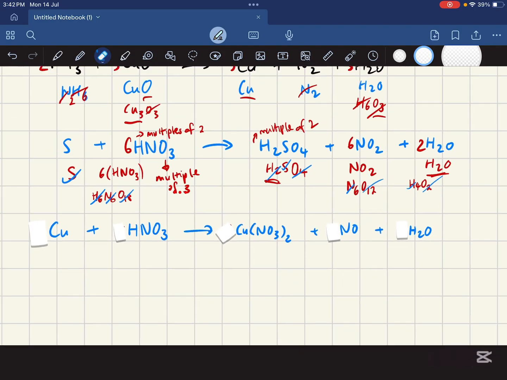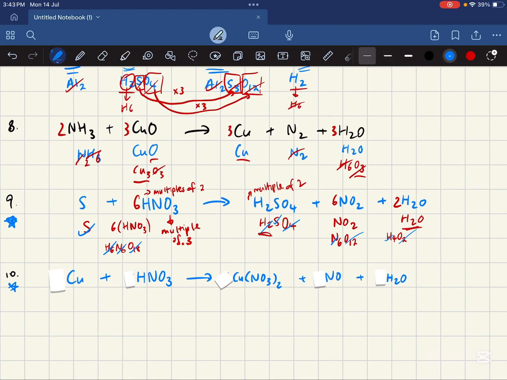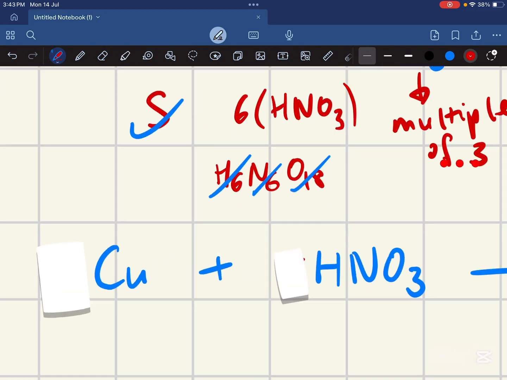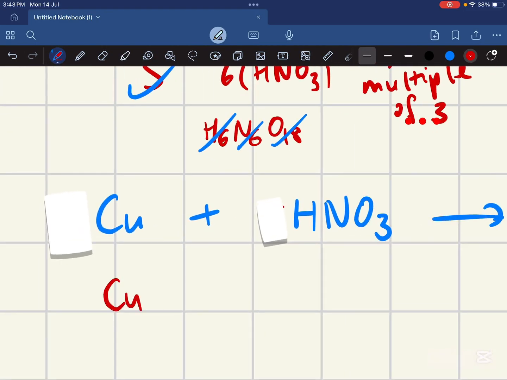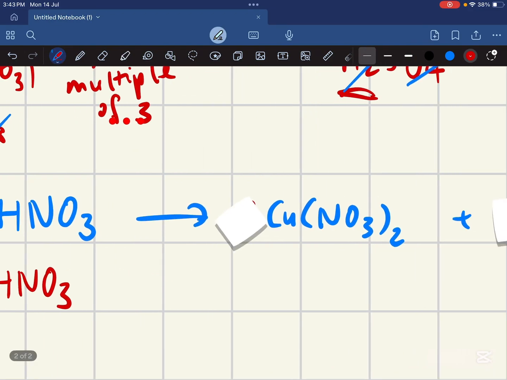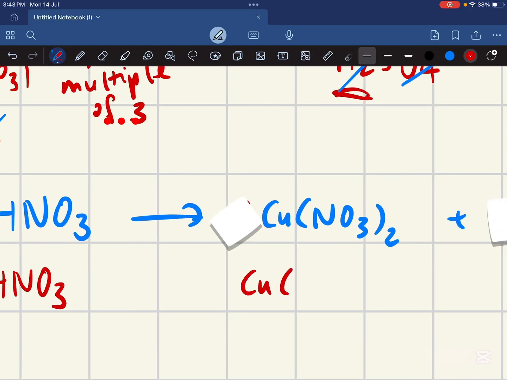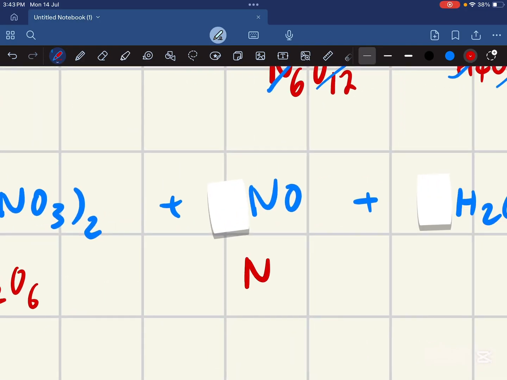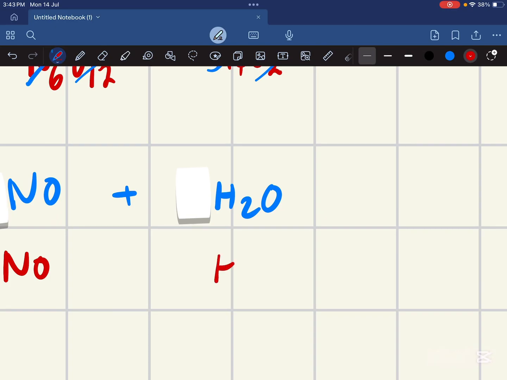Now, the last question, presumably the most difficult, we have a Cu, a HNO3, a Cu, NO3 2, which I'm going to expand out, N2O6, NO, H2O.